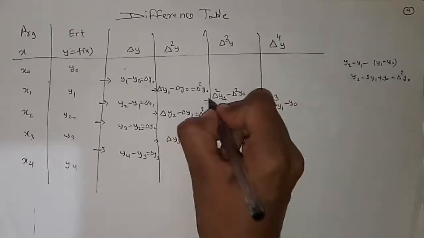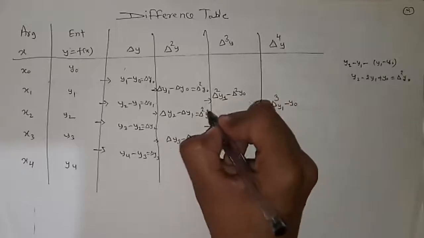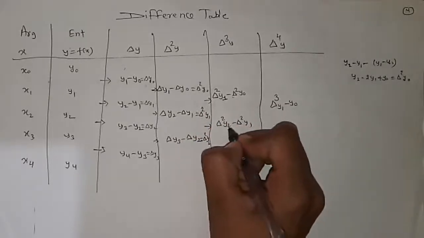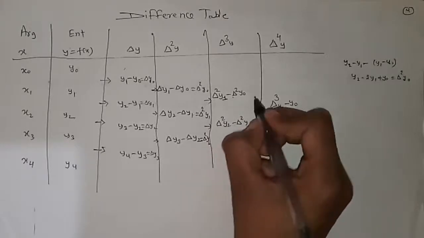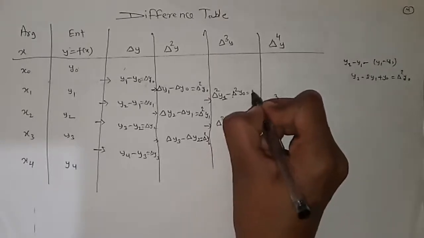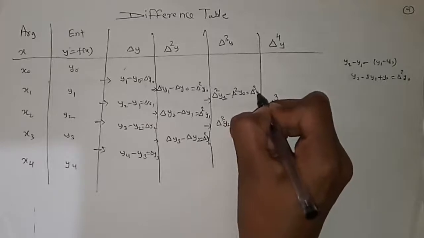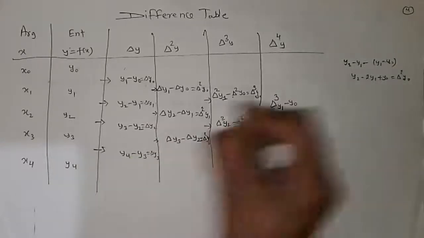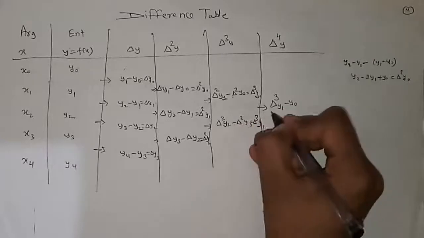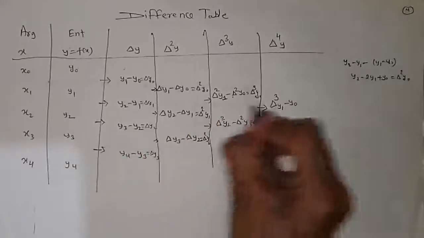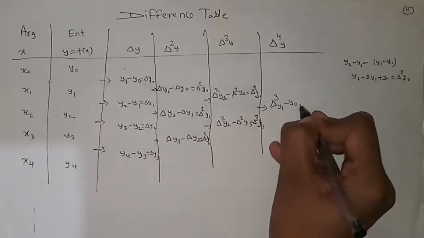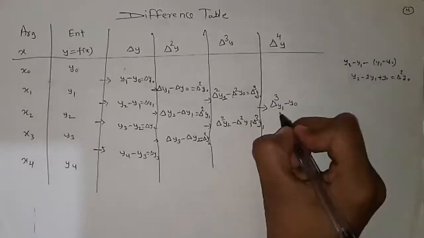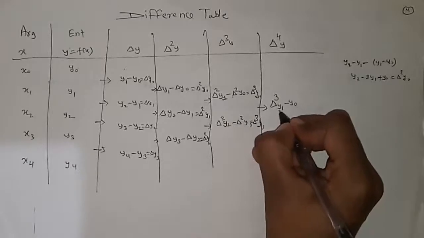Again for the third difference, delta square y1 minus delta square y naught, delta square y2 minus delta square y1. So this is my delta cube y naught, and this is my delta cube y1. Again I have to find one more difference. We will do this calculation till we are left with one value only, or we get 0. So this is my delta cube y naught.